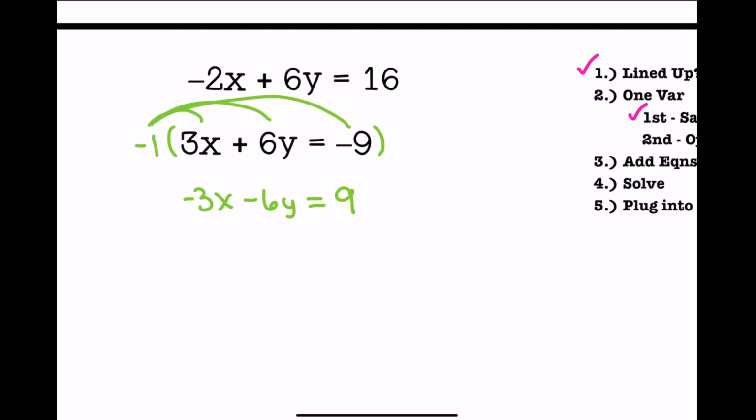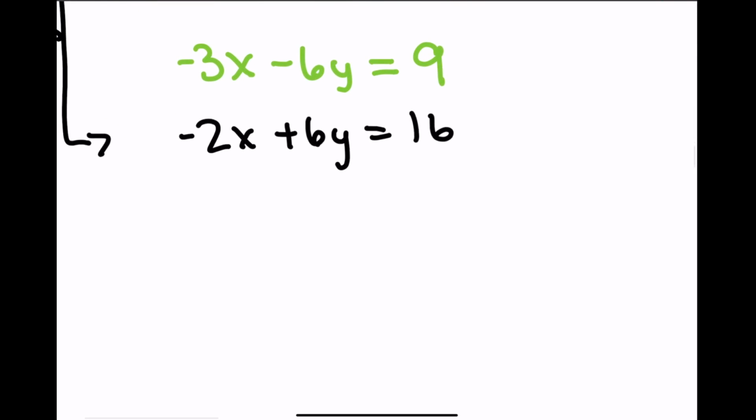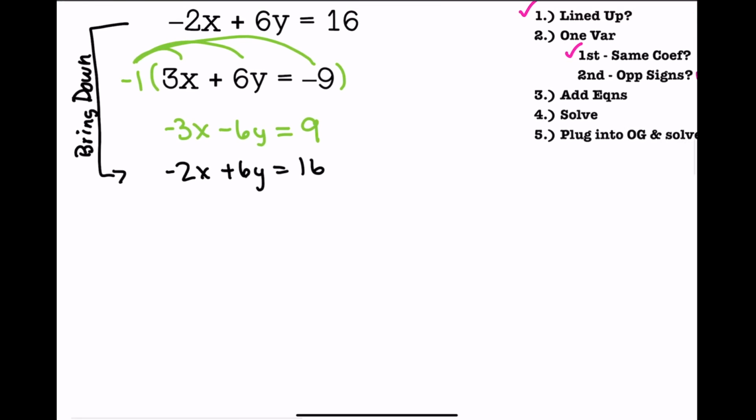Next, we're going to bring down the top equation because we don't want to make any silly mistakes. Nothing changes about it, okay? So don't change anything. We're just copying and pasting. We're like computers here. Now, checklist. Now we have opposite signs.